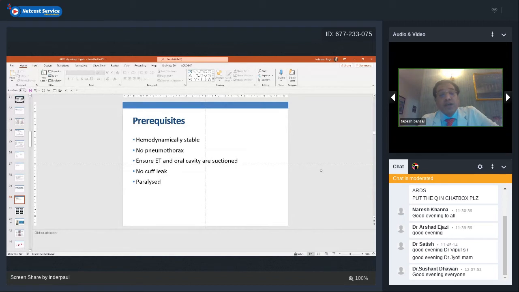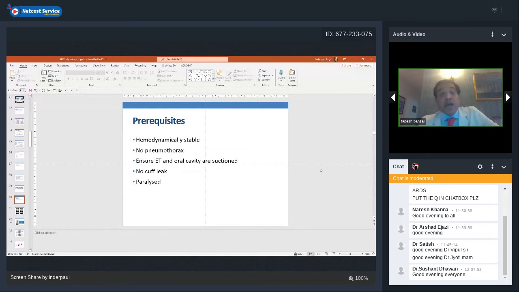So methods I think we will not discuss, but the concept is that when you do a recruitment maneuver, you give a positive pressure much more than what you are normally giving for a minute or so. When you give this positive pressure, which is much higher than your inflation pressures while you are ventilating the patient, you open up a lot of alveoli which would not open up with your normal inflation pressures.